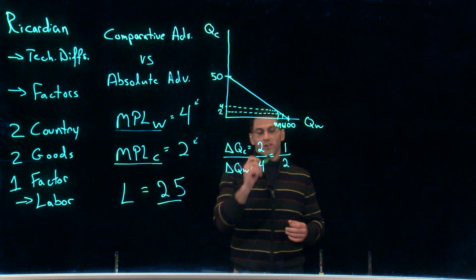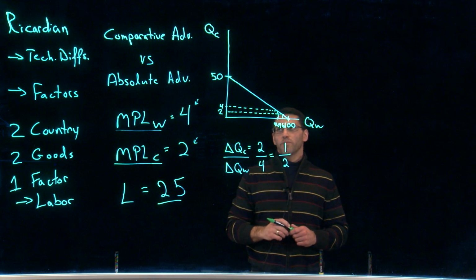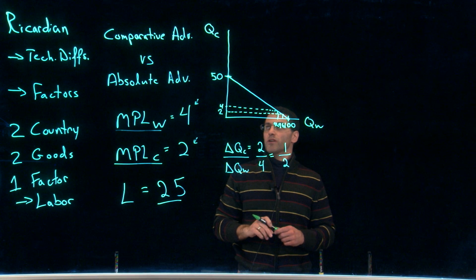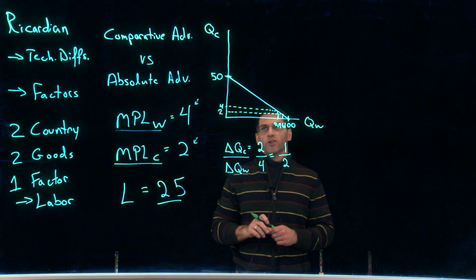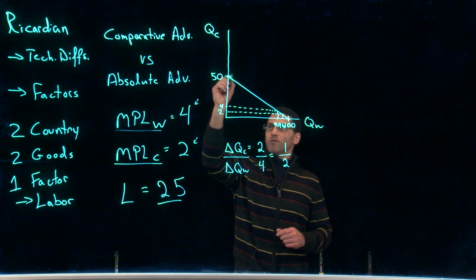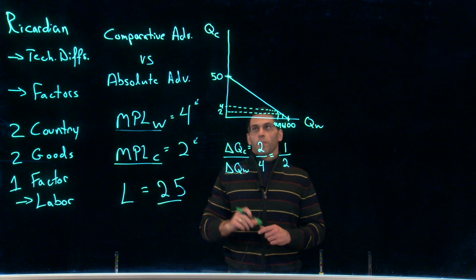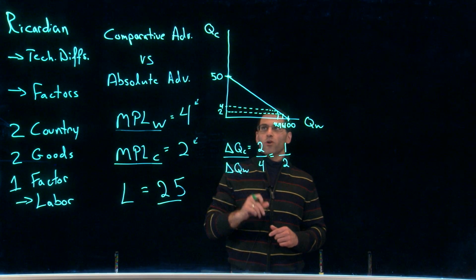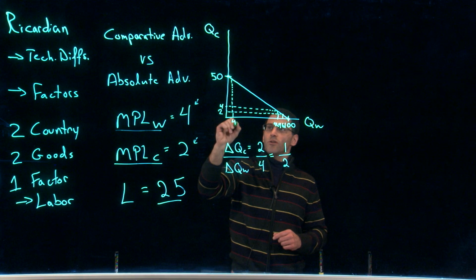Right? So I stated it starting down here where we're producing nothing but wheat, but you can flip that around and start up here where we're producing only cloth and no wheat. Right? So logic works in both directions. If I'm producing 50 yards of cloth and no wheat, so I've got all 25 workers in cloth production, and I take one worker out of cloth and put that worker into wheat, what am I going to have?